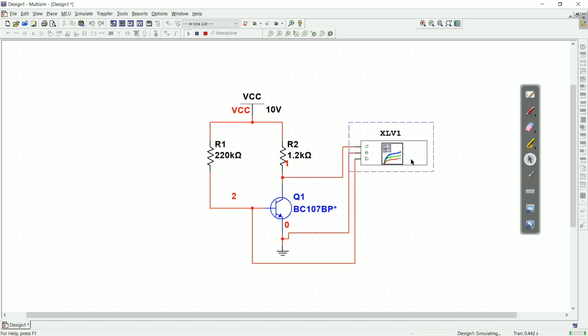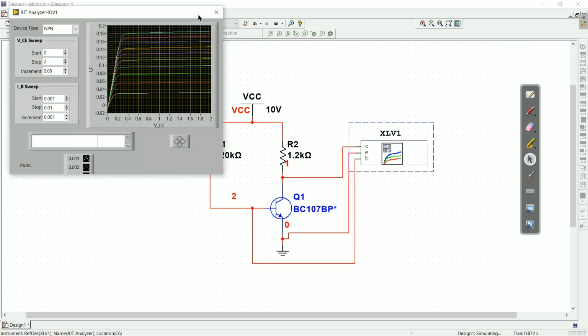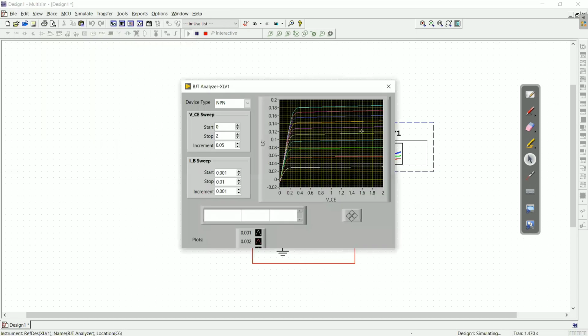Clicking on this component, we get a graph like this. It is a load line graph, that is the IC versus VCE graph, and here this line is IB.